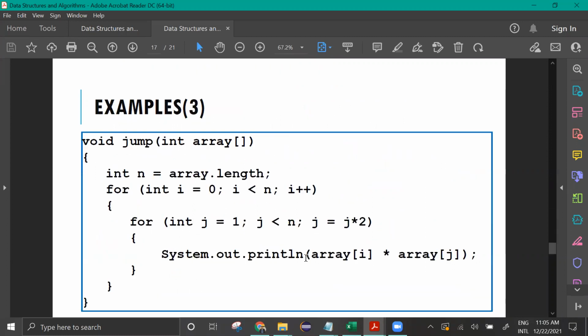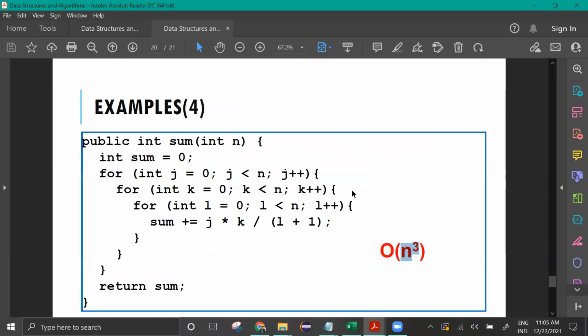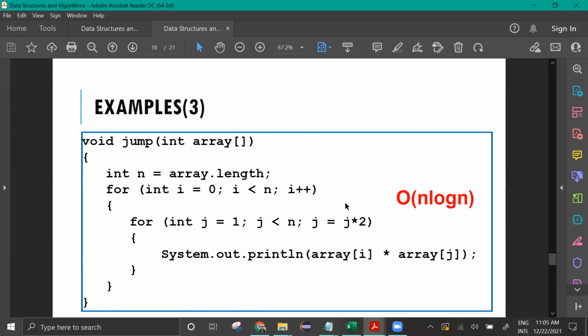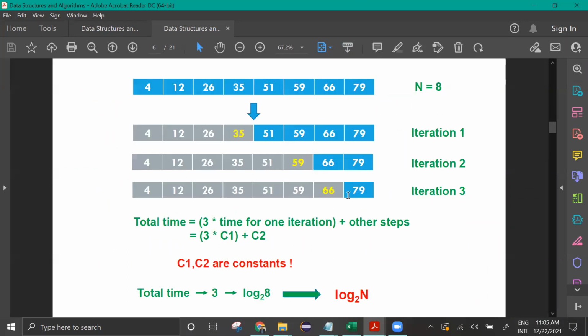So that's the official end of the time complexity analysis of algorithms. But that's not the end. We are going to use this again and again in this semester and next semester. From now on, we are going to compare algorithms using time complexity.